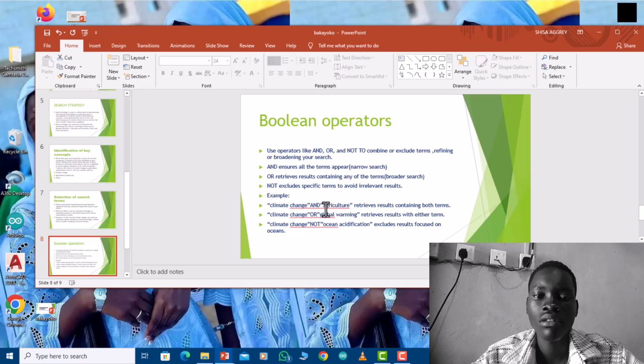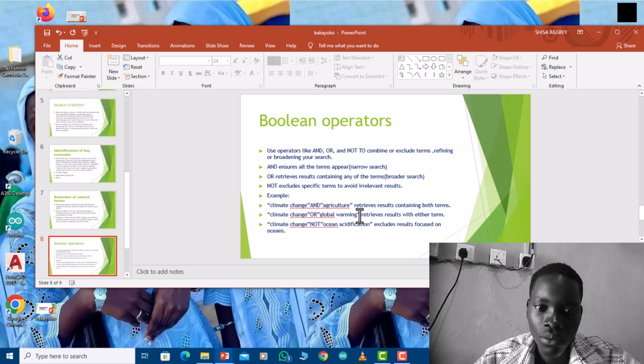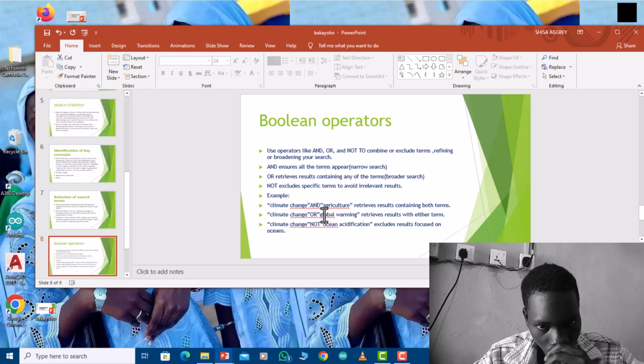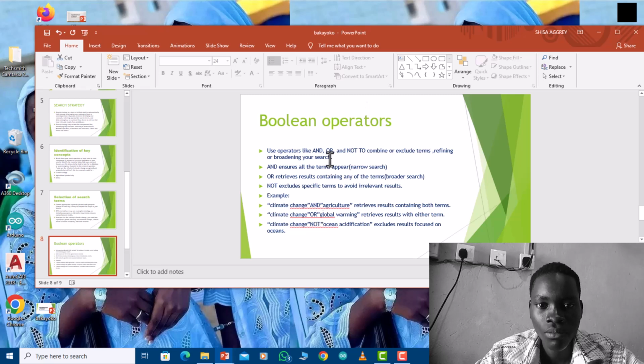At first we started with agriculture, and we are proceeding to global warming. After that, you open a quote, put climate change, close the quote, open another quote, then bring the operator OR, because you started with AND and now proceed to OR. You're seeing all these things. Then you type global warming.